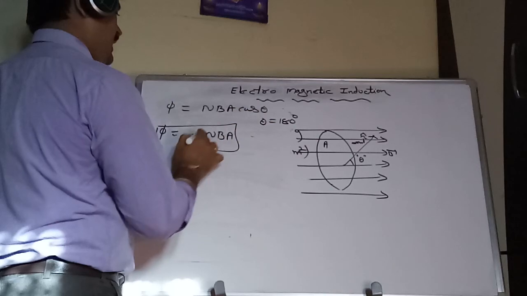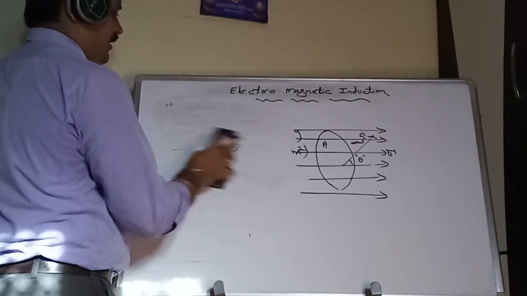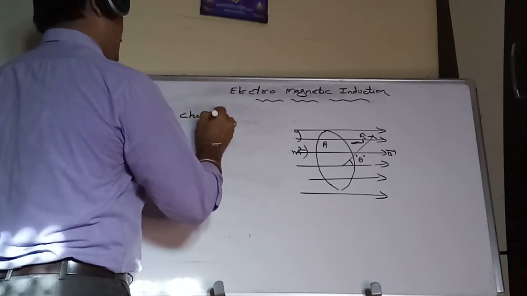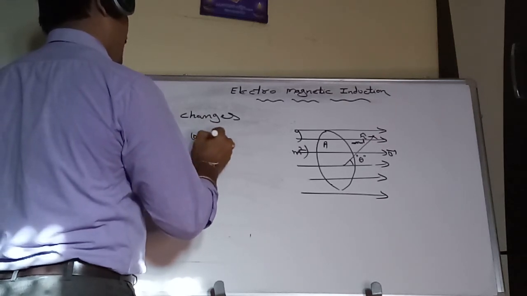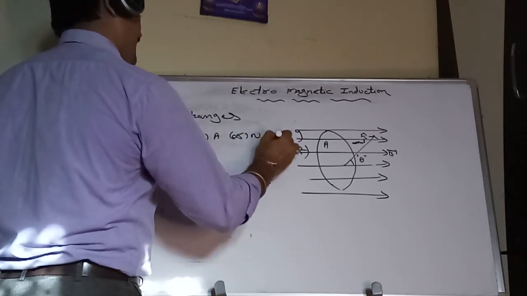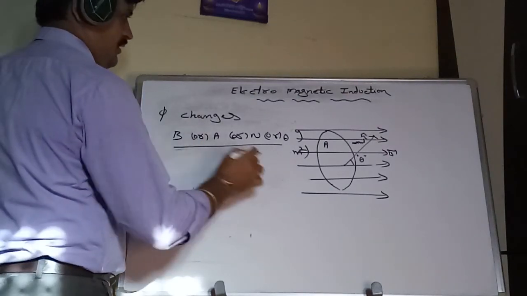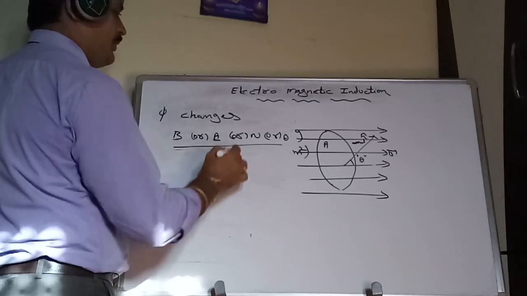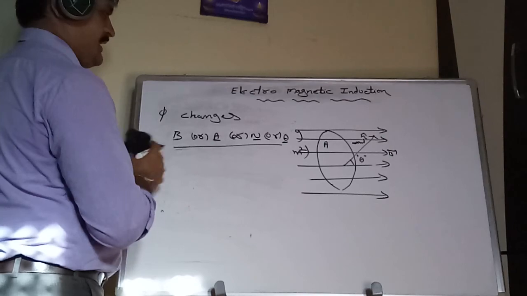So phi changes with B, A, N, and theta: the uniform magnetic field, the area of the loop, the number of windings, and the angle of deflection.